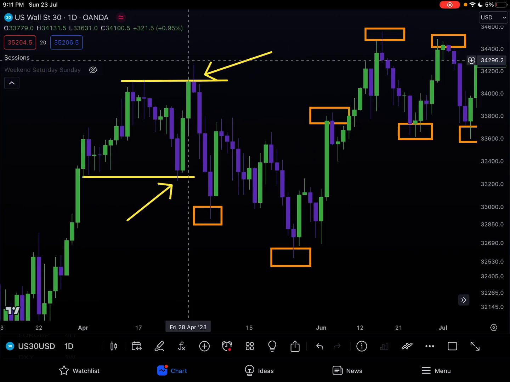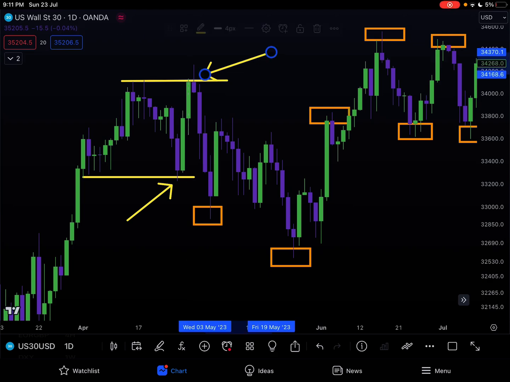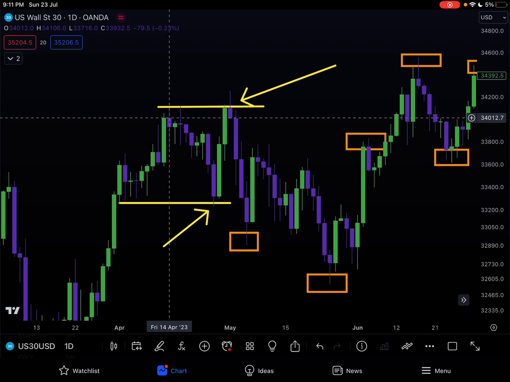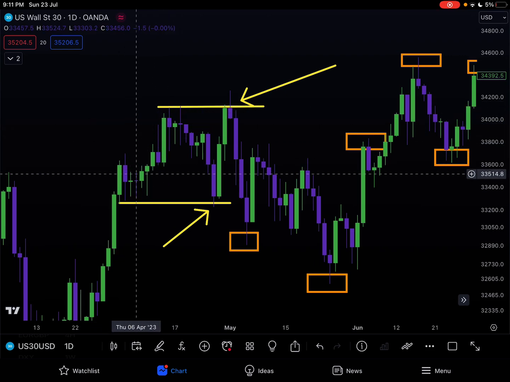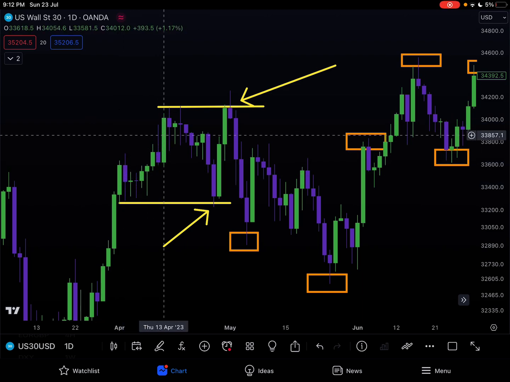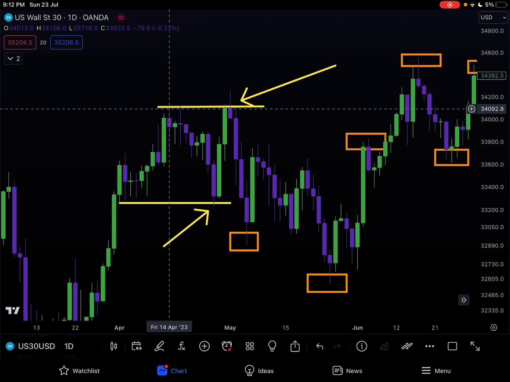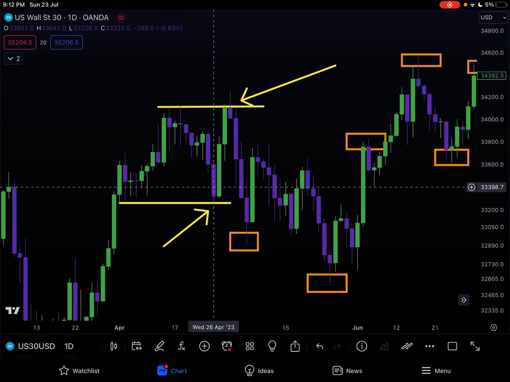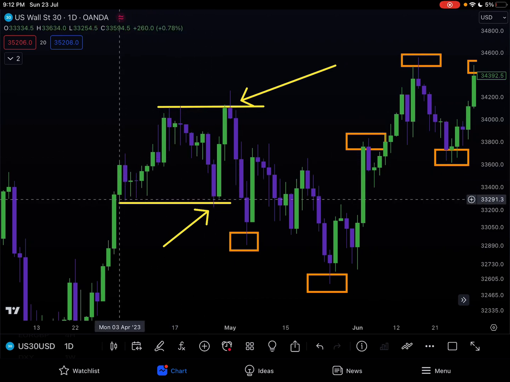I want you to focus exactly on this candle's wick. And I'm going to give it to you one more time. Ready? When we come up from this consolidation, we take out this high. We trend up above. We make a new high. We trend down, taking out the low, right?